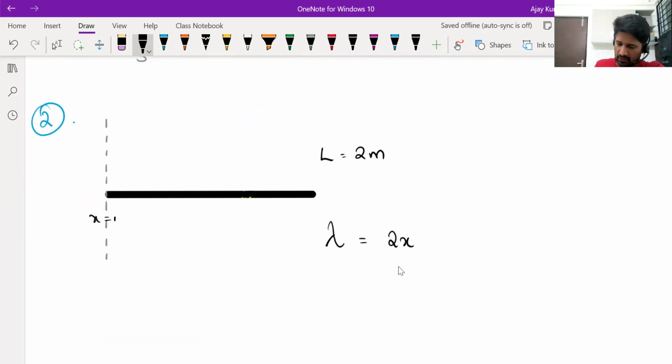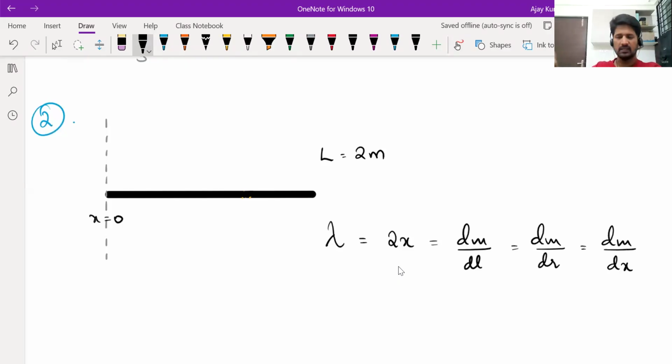When x is equal to 0, lambda is 0, means the particles are very light. Lambda means linear mass density, mass per unit length. You can write it as dm by dr, or dm by dx because the length is along the x-axis. So when x is 0, the density at this end is 0.